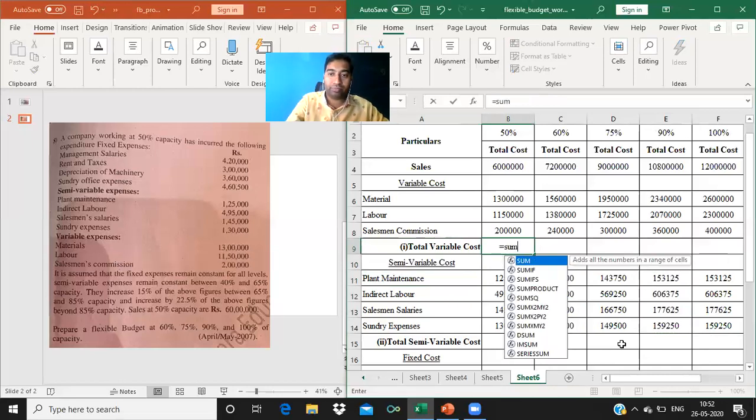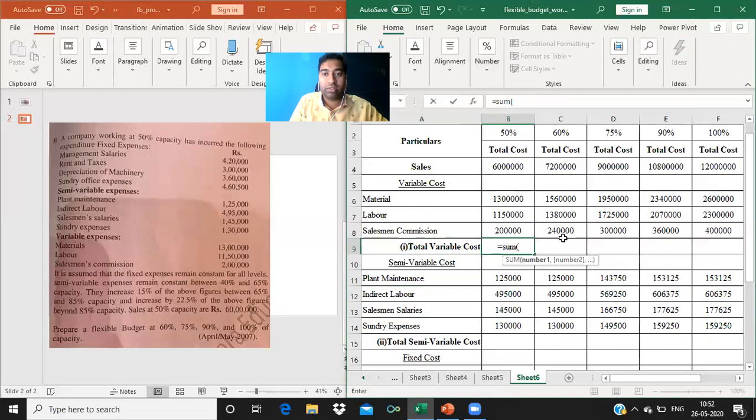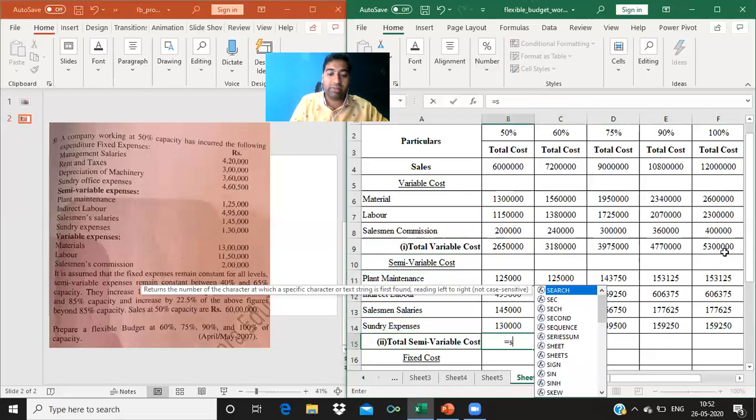We are in the last two steps. First, we need to find the total variable cost, that is the sum of material, labor, and salesman commission. Next, total semi-variable cost.